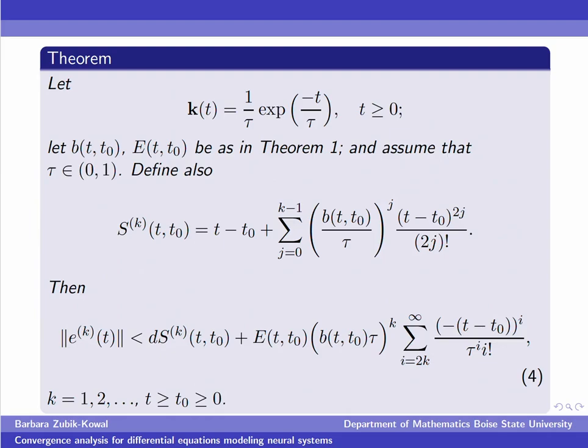And here in this inequality 4, the parameter tau is positive and within the range from 0 to 1 as in practical applications. The functions B and E, both at T and T0, are the same as those in the previous theorem. Now, in this error bound, the first component involves the error D, while the second component involves the error of a starting function.